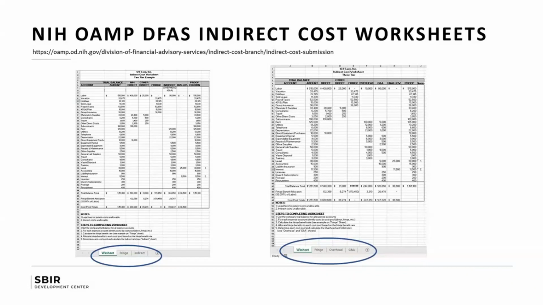So if you look at the categories to the left of these worksheets, they're both the same. They start out with labor and they go on to vacation and costs like that. So the way you fill these out, if you are a company and you have an income statement and a balance sheet, you will find those same categories on your income statement, and you would simply transfer those numbers.